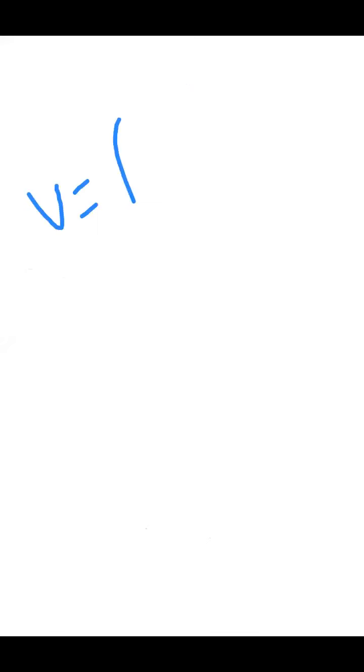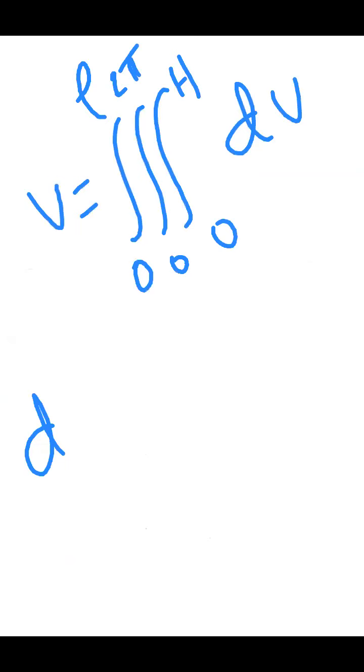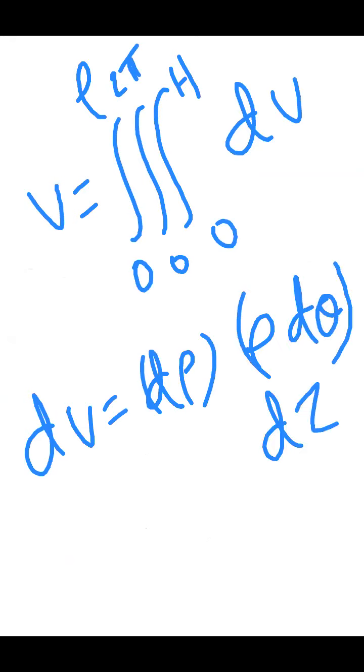In the cylindrical coordinate system, the volume dV where radius varies from 0 to rho, phi varies from 0 to pi, and height varies from 0 to h. What answer will you get? You know what dV is: rho d rho d phi dz. You can substitute this instead of dV.